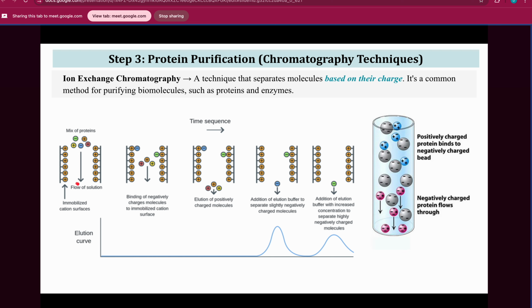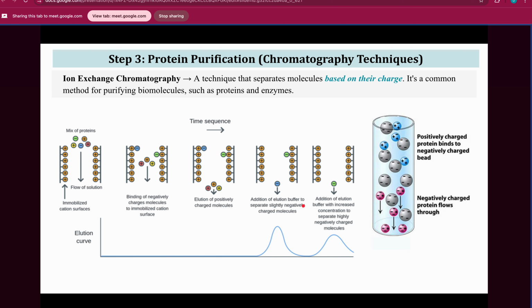Whenever you flow the protein mixture, the negatively charged proteins will bind to the surface because our surface is positively charged, whereas the positively charged proteins will flow out because of repulsion; they will not be able to interact. So all the positively charged molecules will get eluted first, and in the end we add the elution buffer.